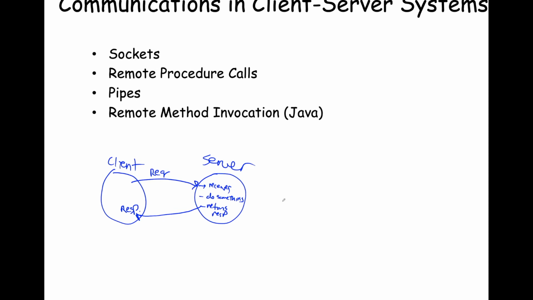There's the so-called remote procedure call, a machinery that performs this interaction on your behalf, but from the perspective of the client, it looks like a function call. There are pipes, a mechanism for two processes on the same machine to communicate. And then there's RMI, remote method invocation, which is RPC over Java. It's unique to Java.